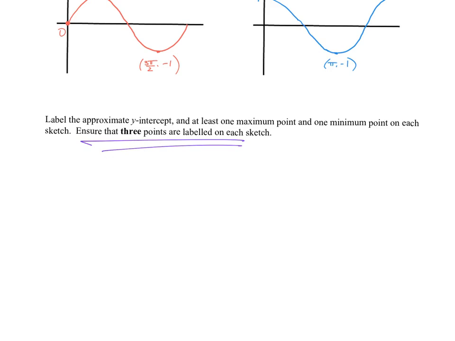So the first thing that maybe we want to focus in on might be the idea of starting with the equation of the axis. Now, if we know that the equation of the axis is the middle of my graph, then that can be a nice starting point for us to produce a sketch. So we're going to tackle a sketch dealing with that blue strategy first, starting with the equation of the axis.